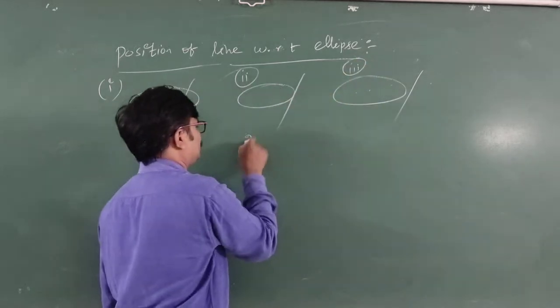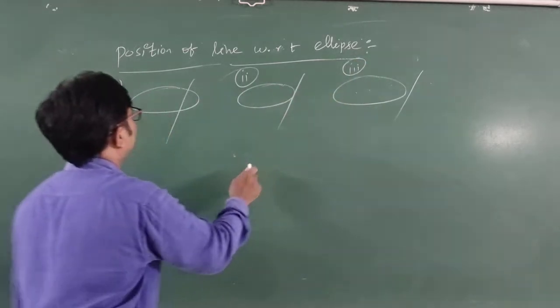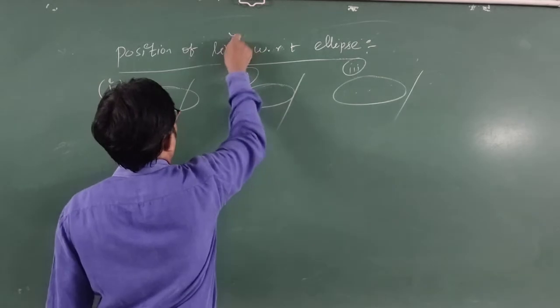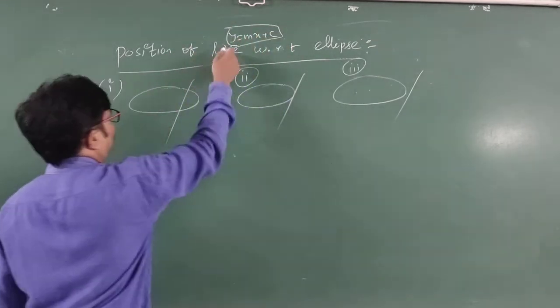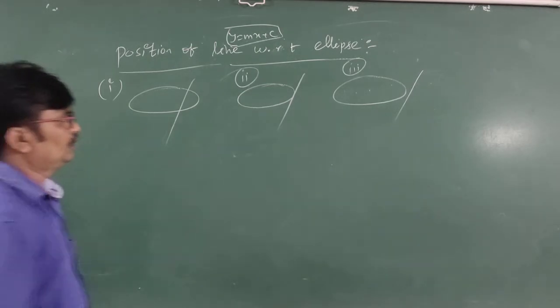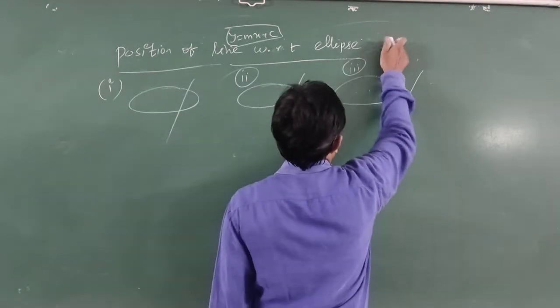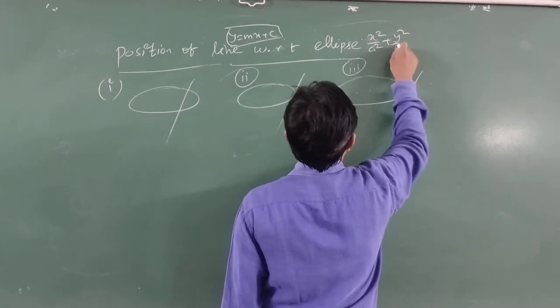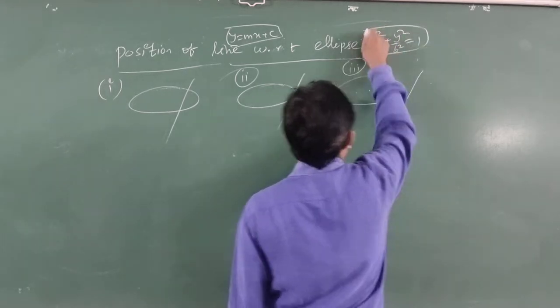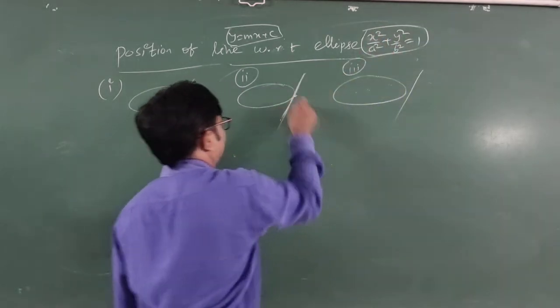Just now we proved that, when we take the line y = mx + c, the position of the line y = mx + c with respect to the ellipse x²/a² + y²/b² = 1 is tangent.